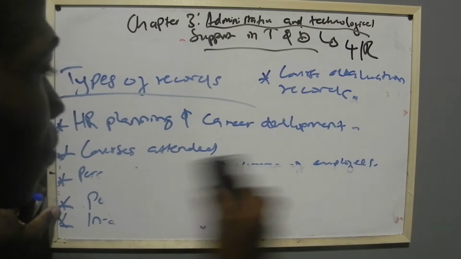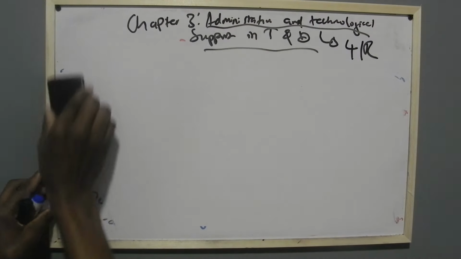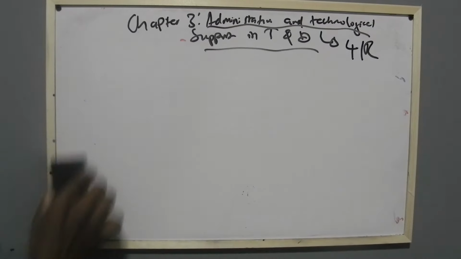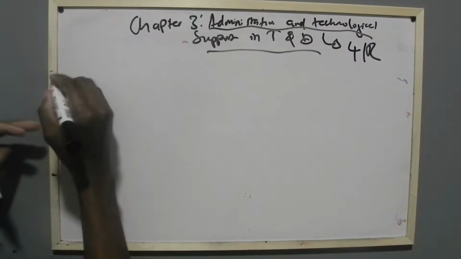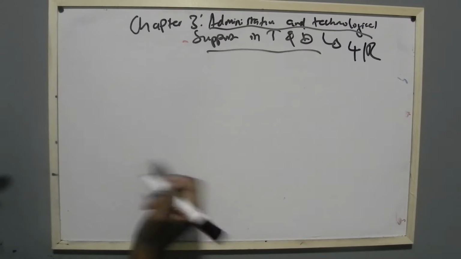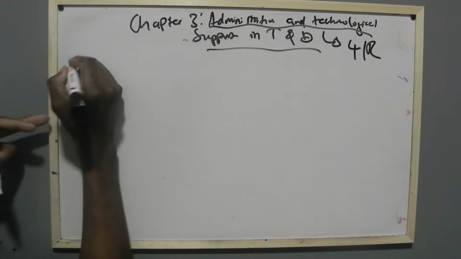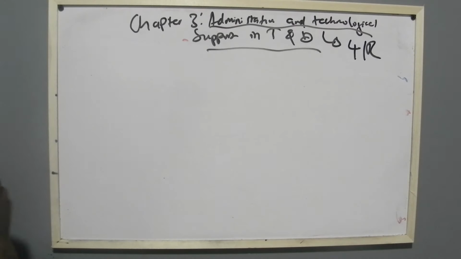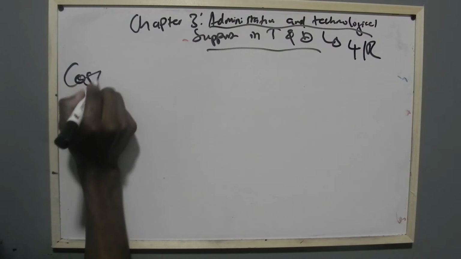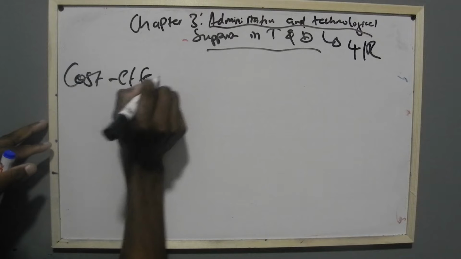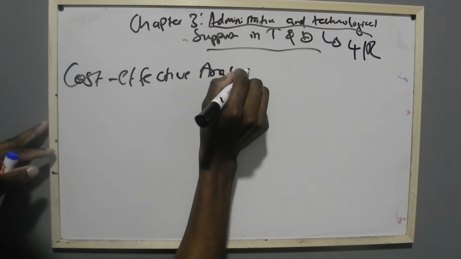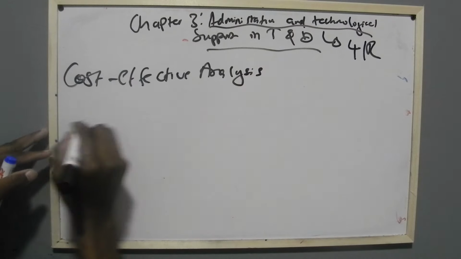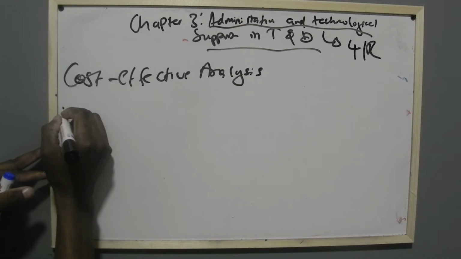So now, moving on with our human resource information system, there is something we spoke about, the cost-effective analysis. Under the cost-effective analysis, we must look at the following steps.